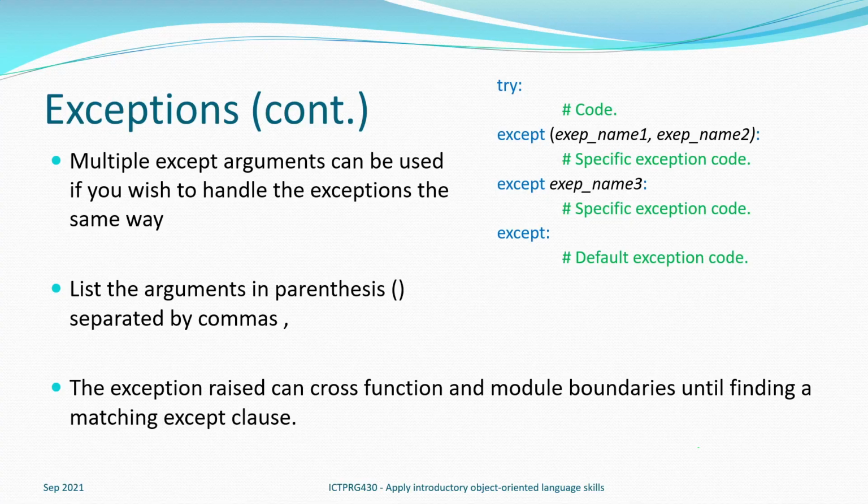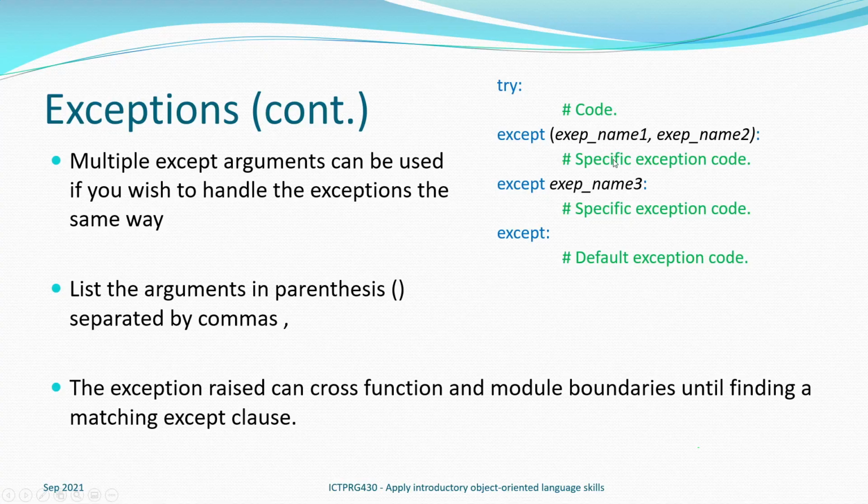So the order that you write them in is important, because if you put a generic one at the top, like if we had just the default one up the top instead of down the bottom, that would match every type of error code and would be run all the time. The specific ones wouldn't get a chance.